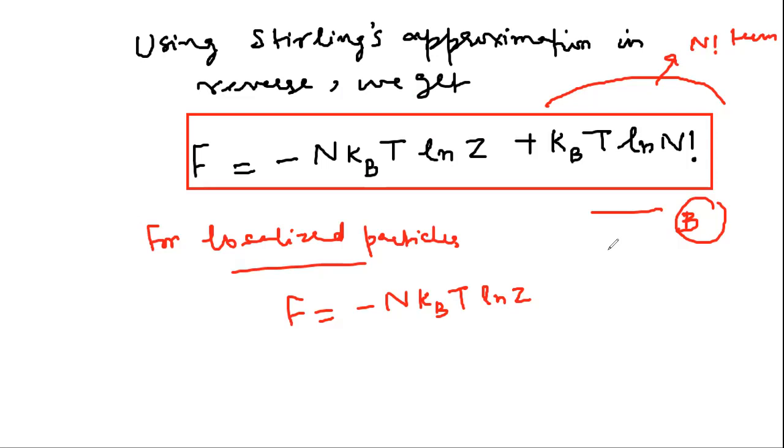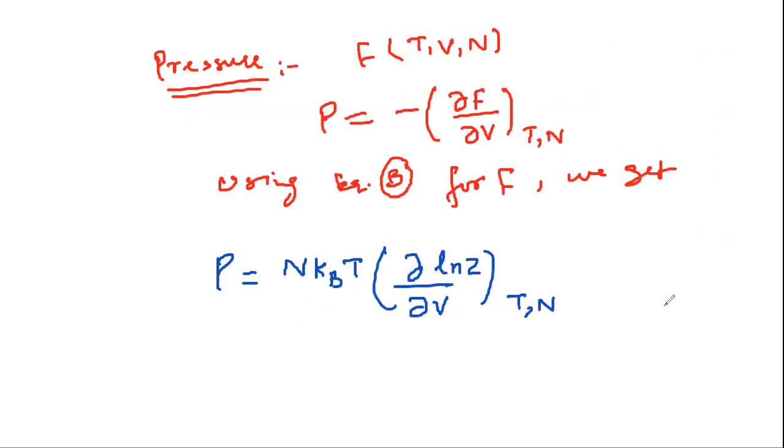In the first term, Z contains volume, so we get this N kB T times dou by dou V of ln Z.